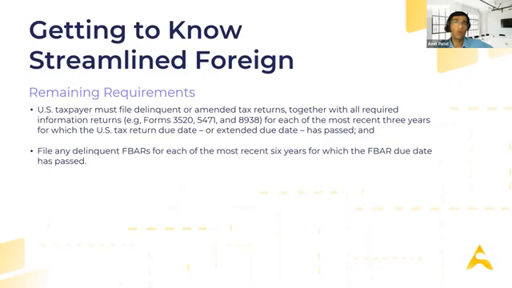So now you know how you can be eligible for streamlined domestic or foreign, and once you know your eligibility, you file all the returns depending upon foreign or domestic. You file amended or original returns. In a foreign streamlined, you can file both original as well as amended. Only in the domestic, you cannot file original.